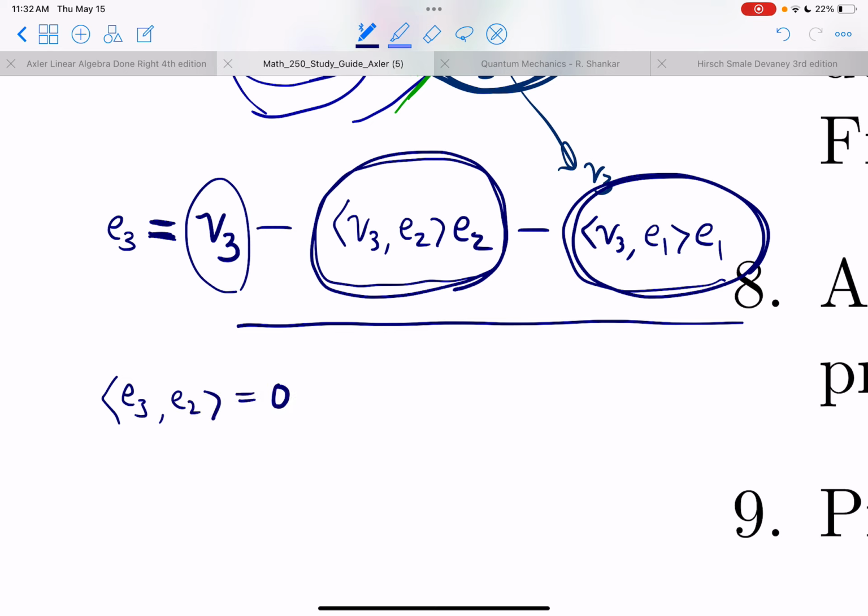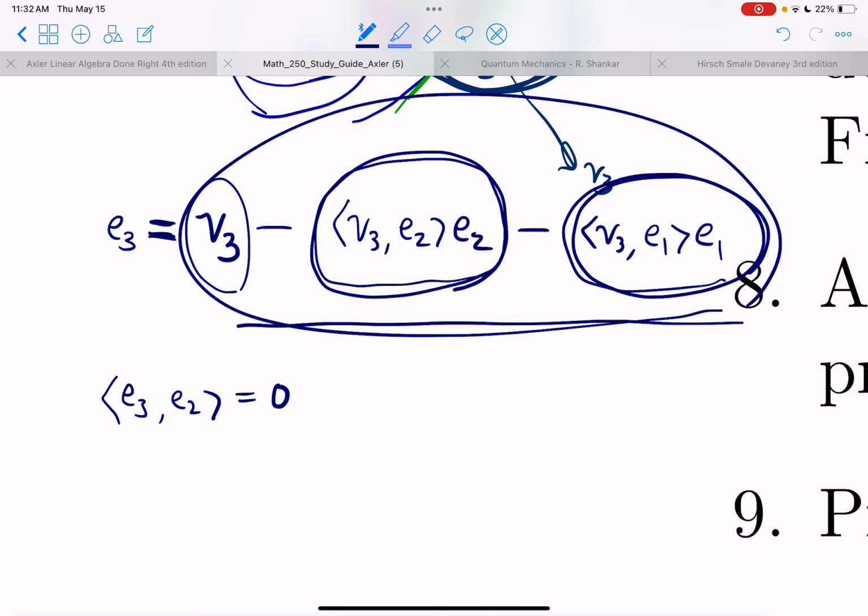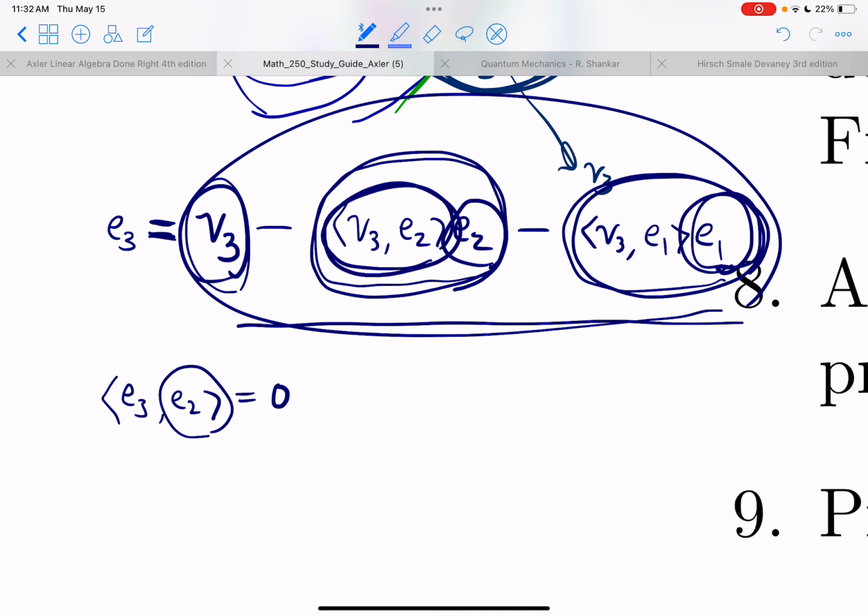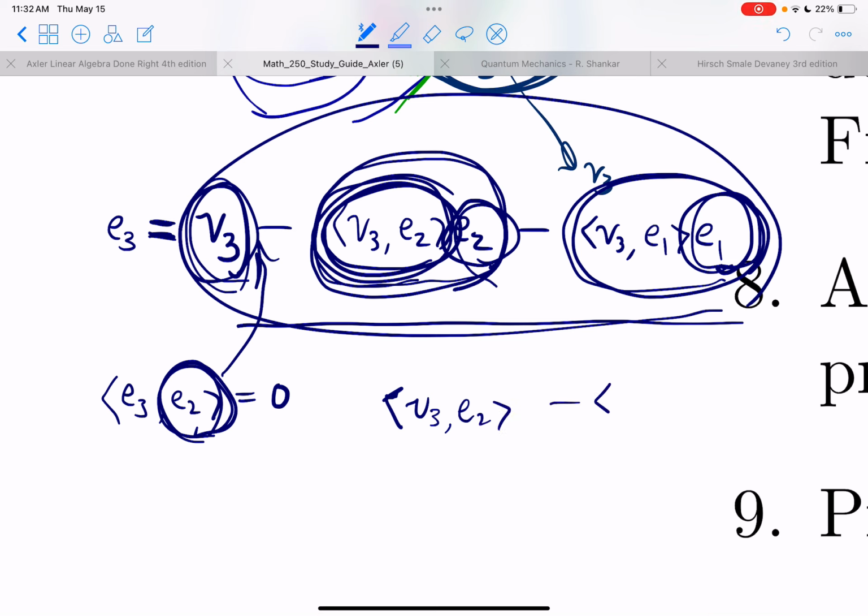I should get 0. If I dot this thing with E2, I get V3 dot E2, and then a 1, and a minus V3 dot E2, and then a 0, because E2 dot E1 is 0 and E2 dot E2 is 1. Then I've got this minus V3 dot E2, then E2 dot V3 gives me a plus V3 dot E2, so I get minus plus the same thing, which is 0.